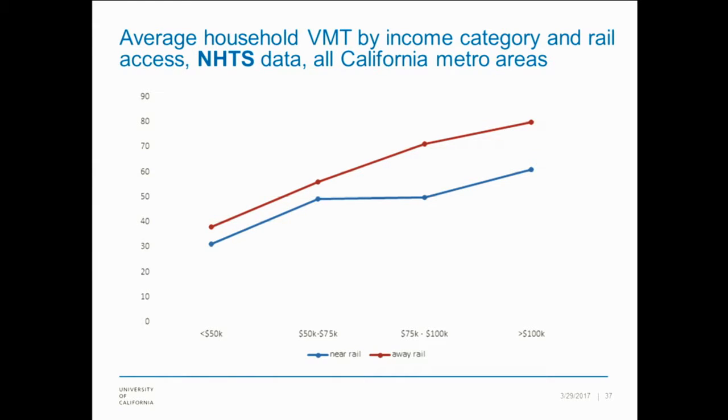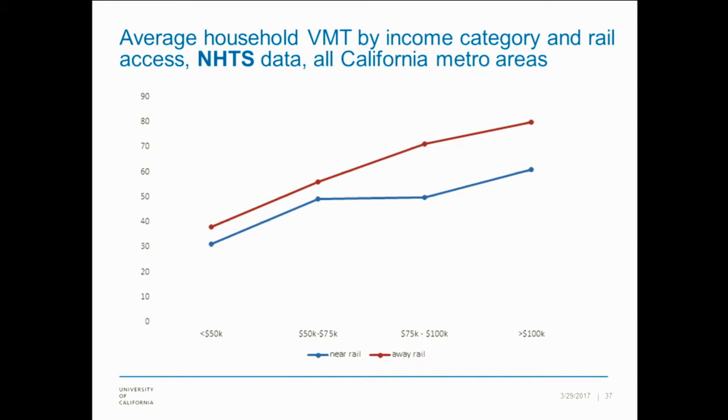When you go up to the highest level of income, greater than $100,000 per year per household, the total VMT reduction that is associated with living near a rail station is about 20 miles per day.